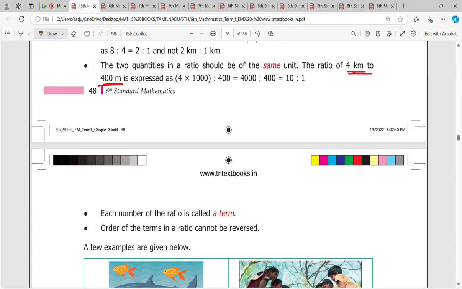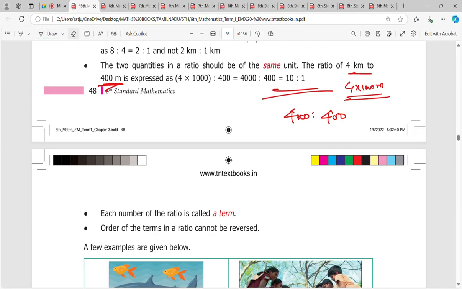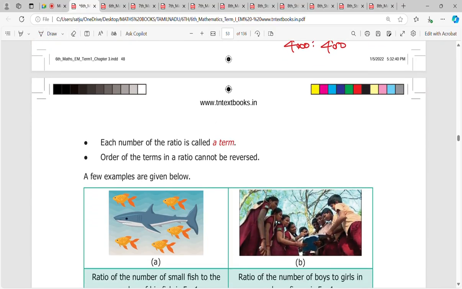First they are converting this 4 kilometer into meter. So 4 into 1000 meter, so 4000 meter. Then here 400 meter. Then only they are finding out the ratio. So first and foremost, you need to check the conversion part.